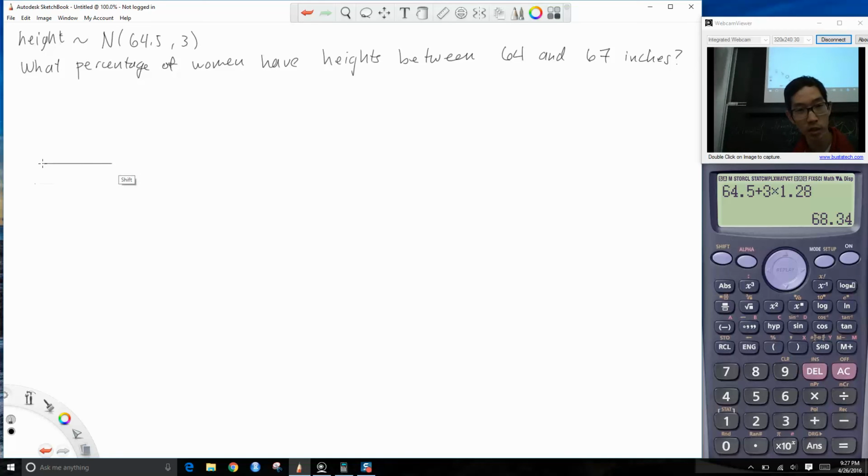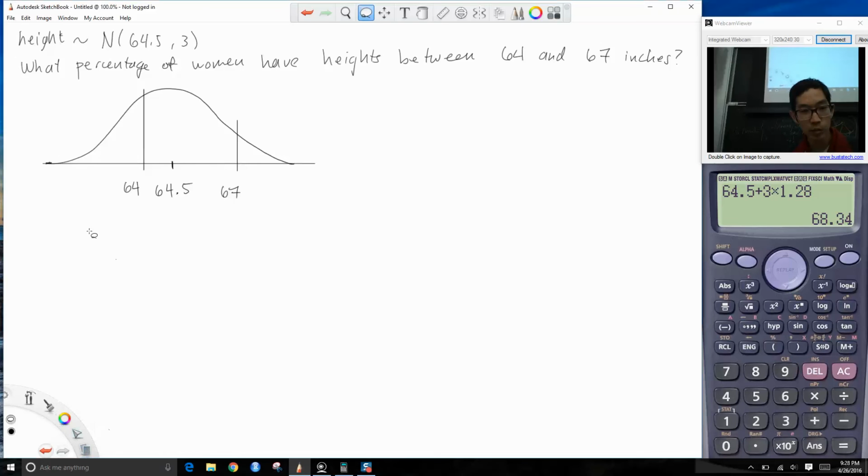Let me draw this diagram here. In the center I'm going to put the mean, 64.5. I want to know the area between 64 and 67 inches. 64 is lower than 64.5, so I'm going to draw a line over here at 64. 67 is higher, so it goes over here.